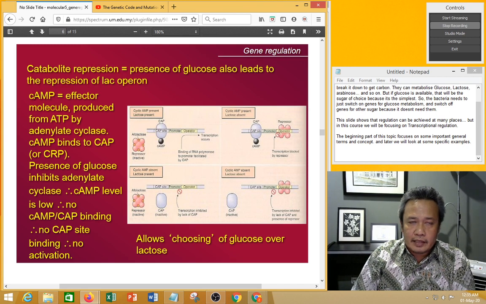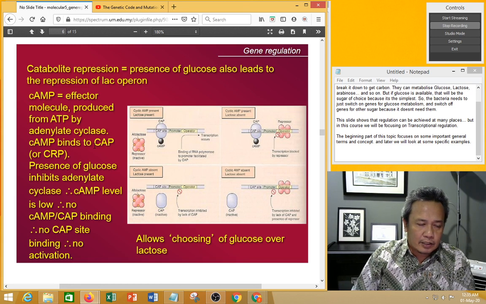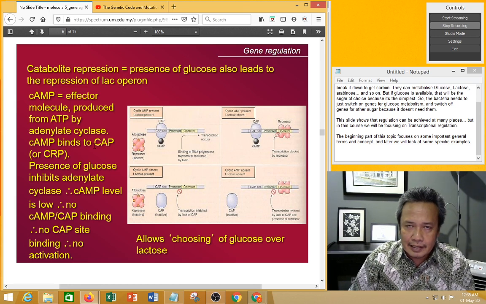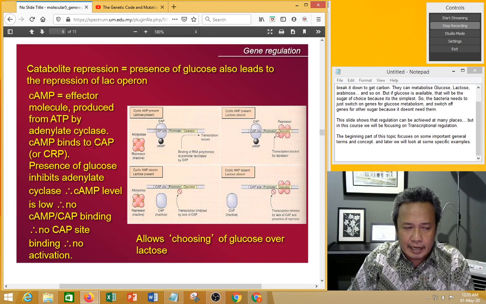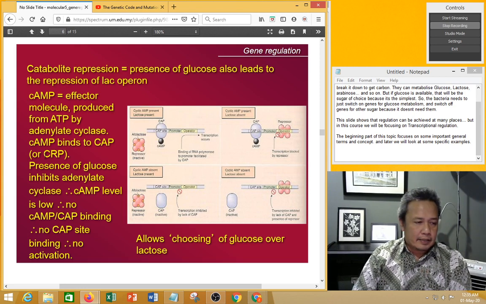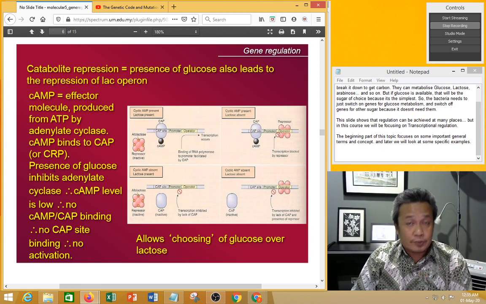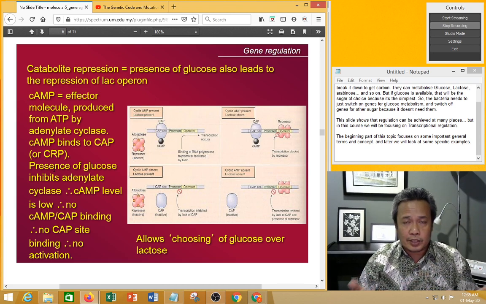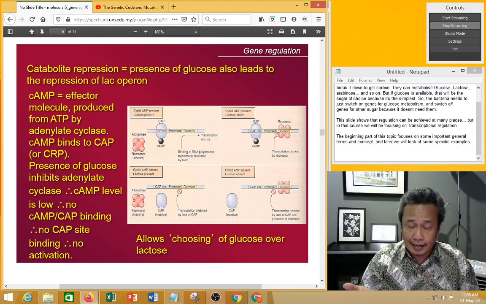Now, this cAMP binds to CAP. CAP is called catabolite activator protein. Sometimes CAP in some books is also called CRP, catabolite response protein. Now, remember we are talking about a situation where you have both glucose and lactose.